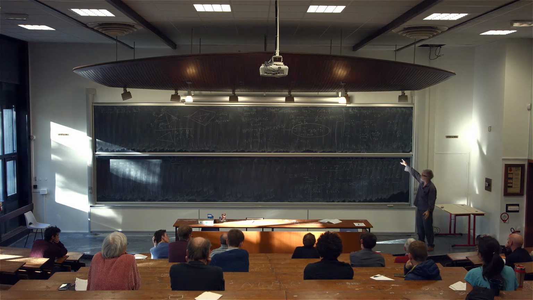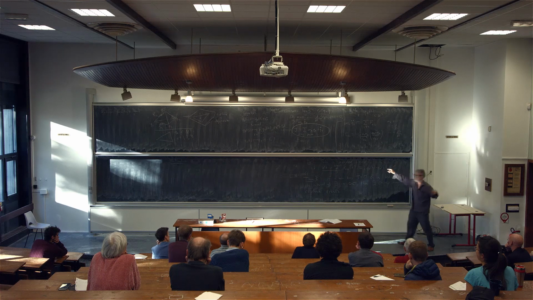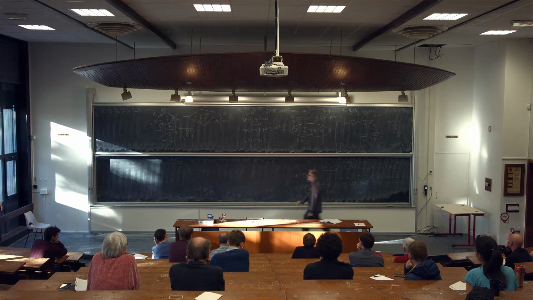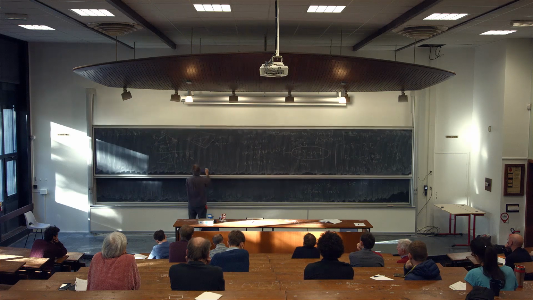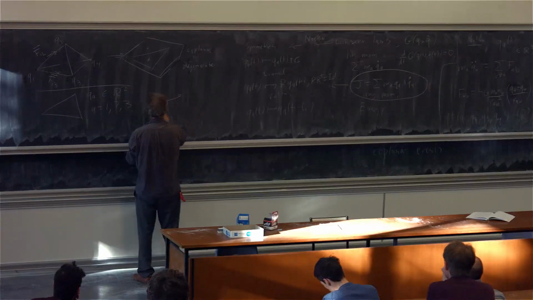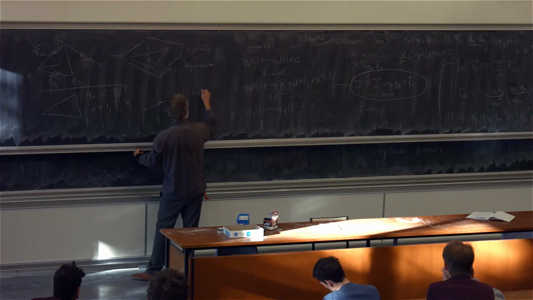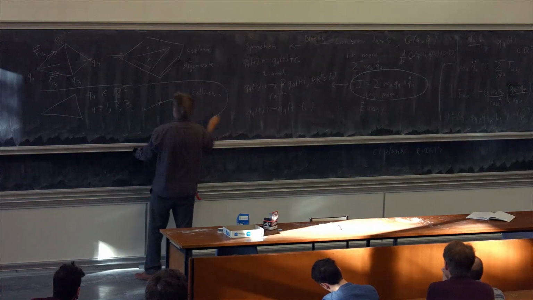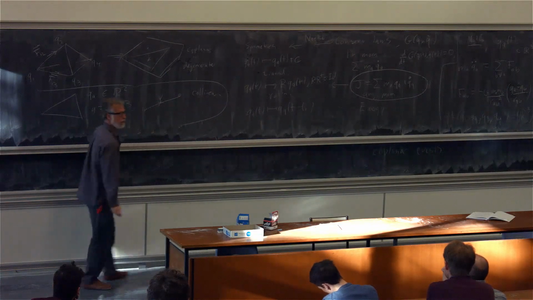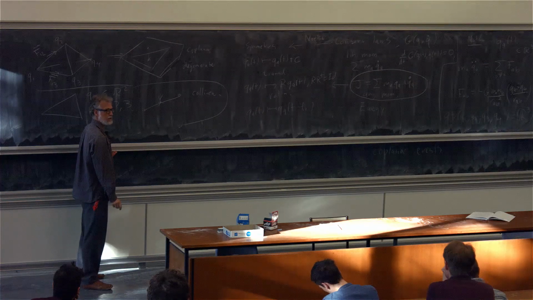It's just the vectors are in R2 instead of R3, and there's only 3 of them. And then what's a degeneration? It goes through and becomes collinear. So that's what a degeneration is.